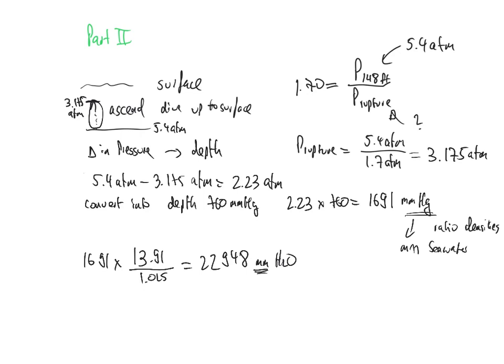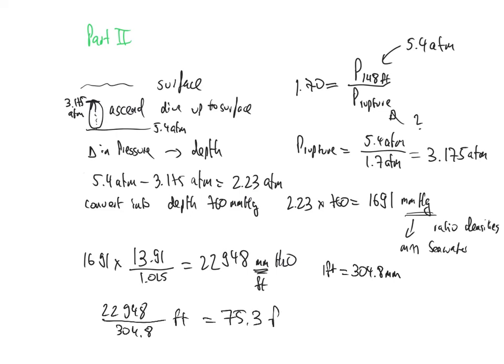And of course you can convert this from millimeters into feet. So let's do this quick conversion. We can use a conversion factor that 1 foot is equal to about 304.8 millimeters. So 22,948 divided by 304.8 gives me the length in feet, and that is about 75.3 feet.